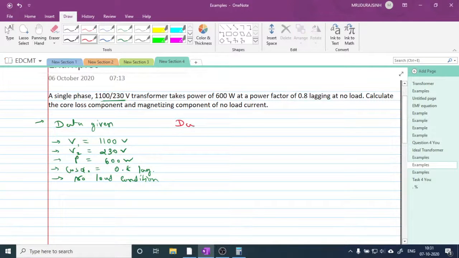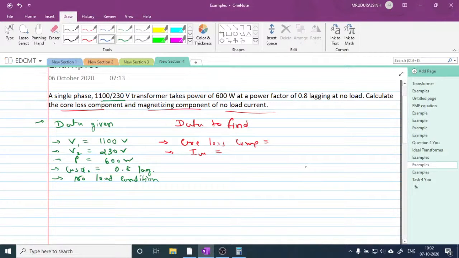So we'll write data to find: core loss component and magnetizing component, that is I mu, of the no load current. So we need to find the magnetizing component and core loss component.